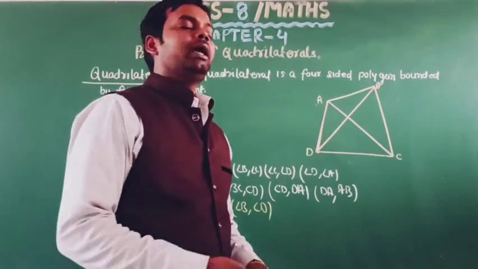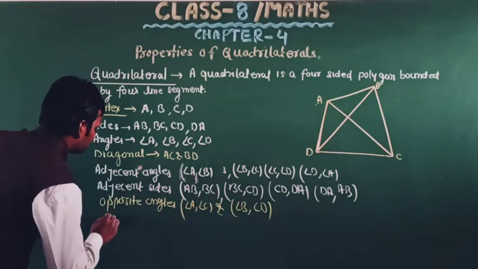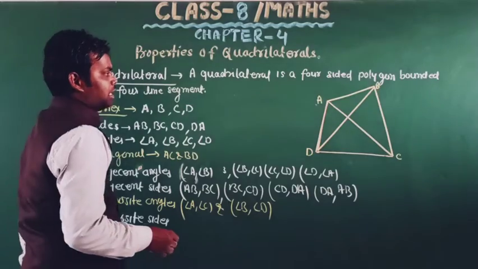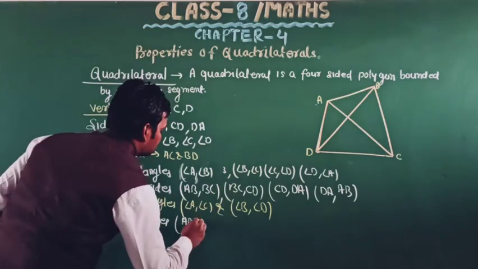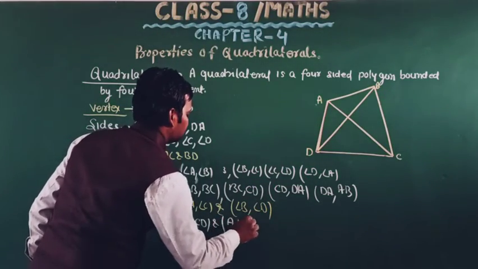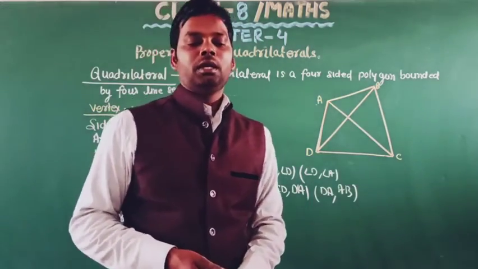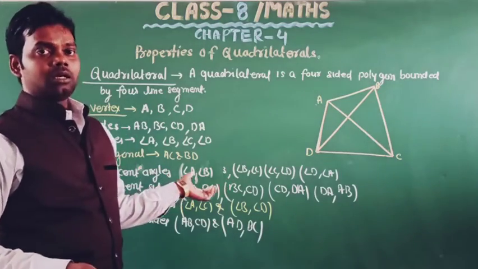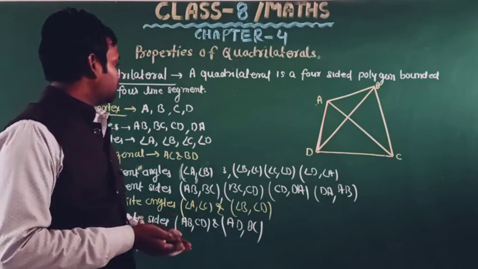Similarly, we have two pairs of opposite sides: AB, CD and AD, BC are the opposite sides of a quadrilateral.